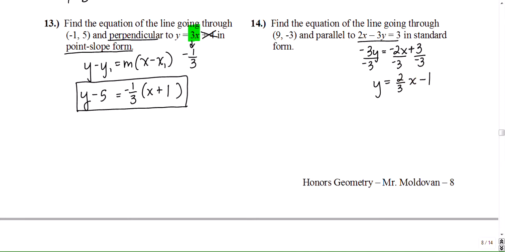And it says parallel, so I'm going to focus on the slope. I'm going to ignore my b, and I'm going to keep the slope the same. I'm going to use the point that the line passes through to solve for b. I'm going to put the slope out front, even though it's not going to make a difference.